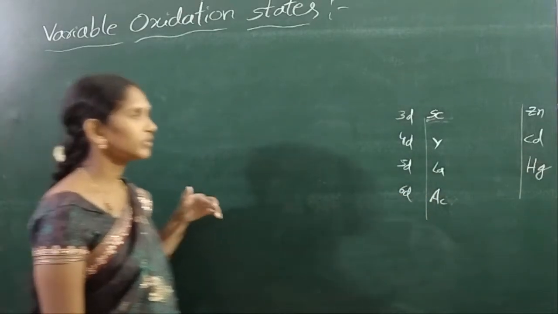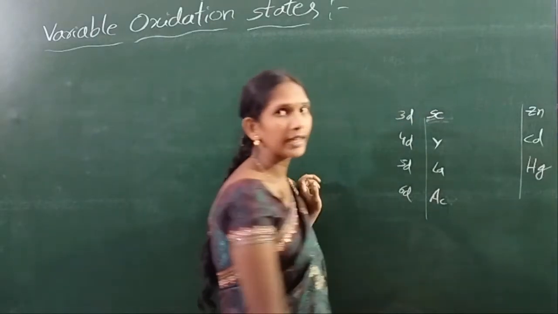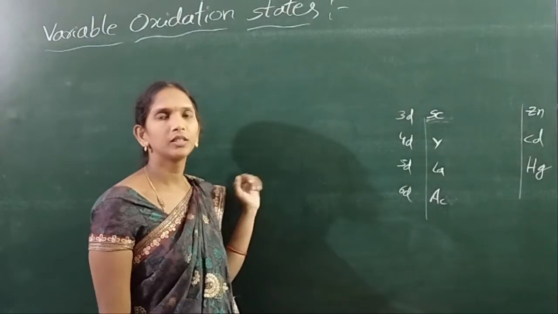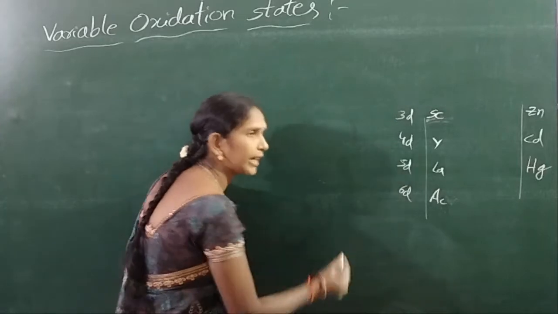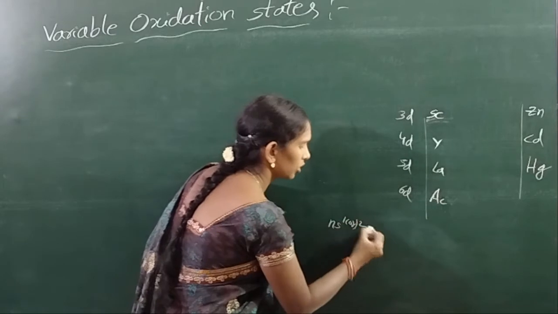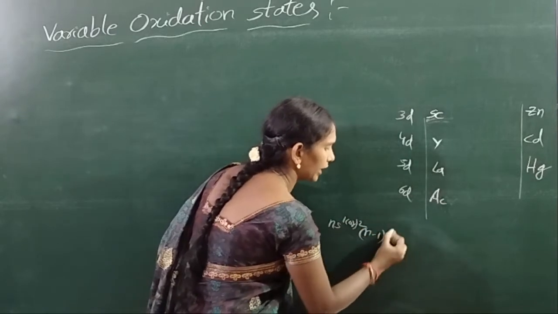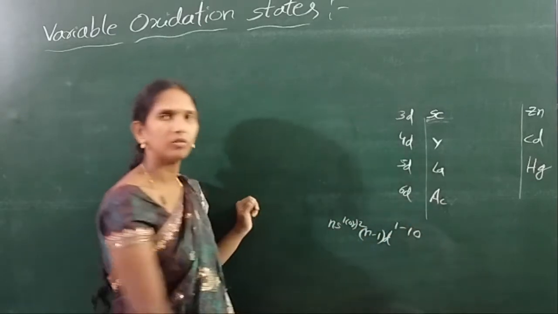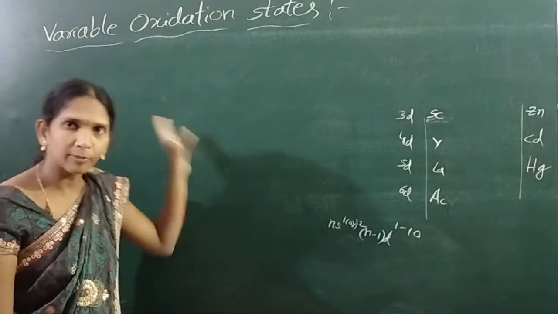Next, in D block elements, the general electronic configuration is ns1-2, (n minus 1)d1 to 10.